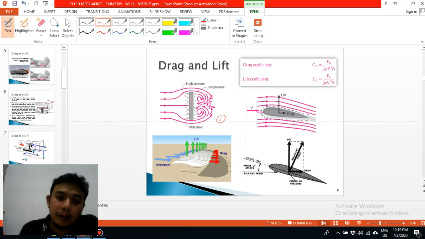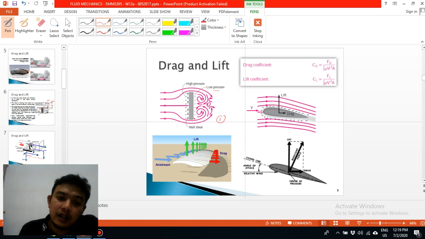At the front area, it will produce wall shear and also high pressure. Meanwhile, at the back it will produce a low pressure. So the confluence of high pressure and low pressure will produce recirculation flow.